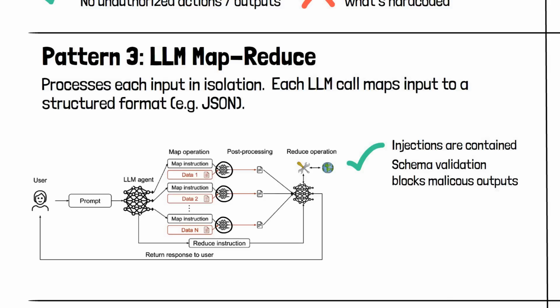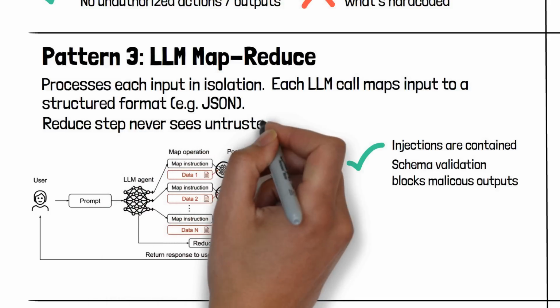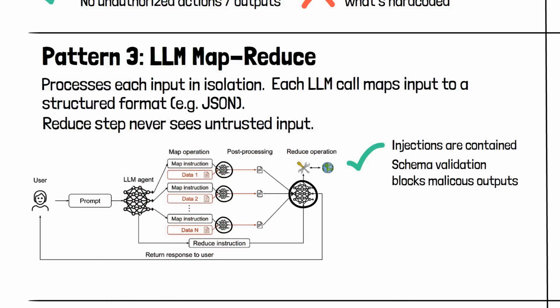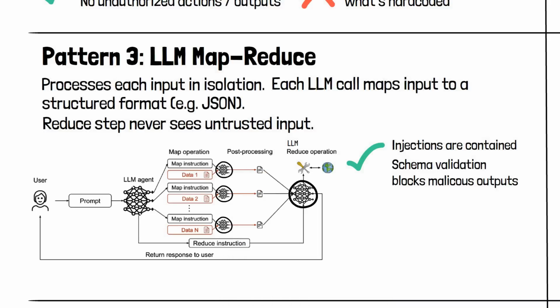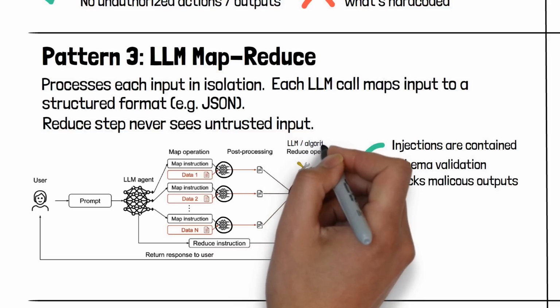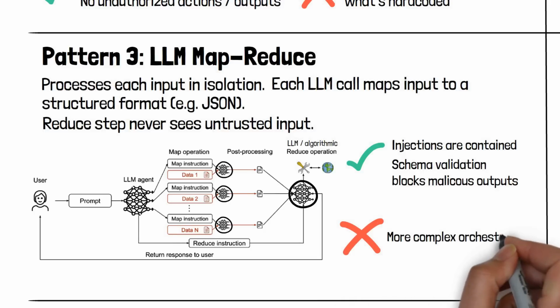Once all data is mapped and validated, a separate reduce step aggregates the results, never seeing the original potentially malicious input. The reduce step could be an LLM call itself, but could also be implemented just in code for simple cases where an algorithm can perform the required tasks by processing the returned JSON objects. The cost is some added complexity in orchestration.